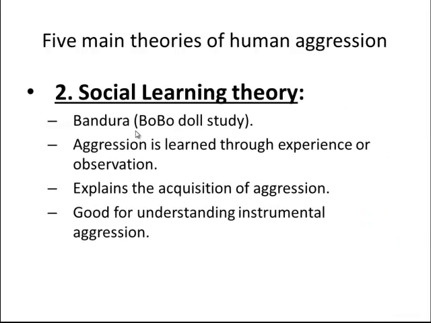Two is the social learning theory. Famous Bandura study on the Bobo dolls, which we'll look at in a second. Aggression is learned through experience and observation. We learn to be aggressive because that's the way we were trained. It's good for also understanding instrumental aggression.